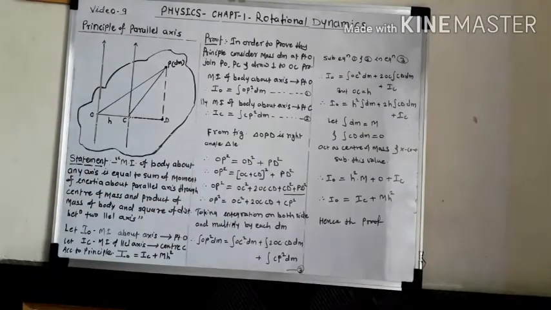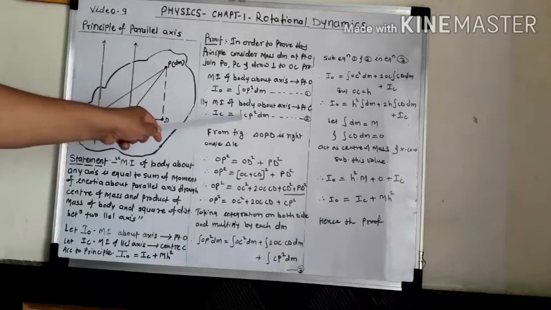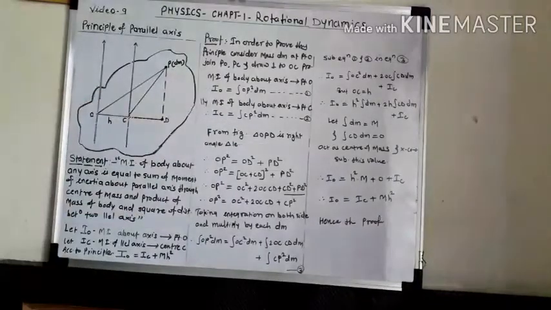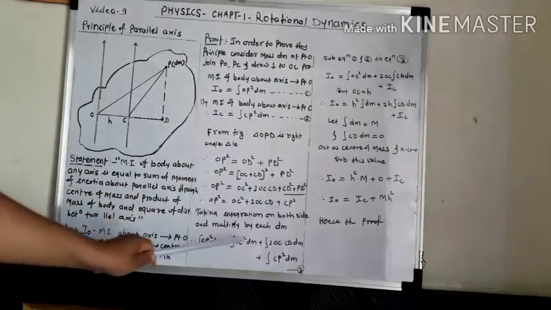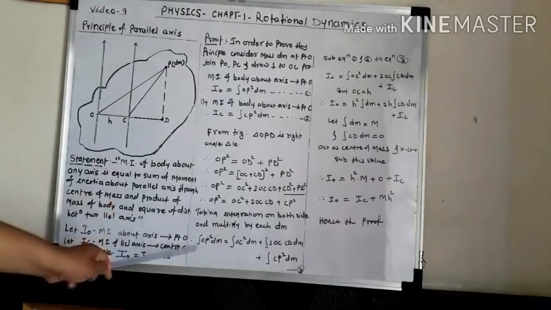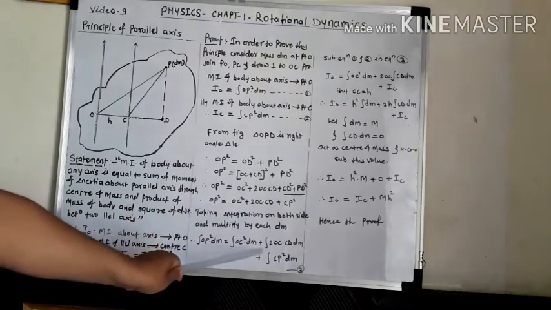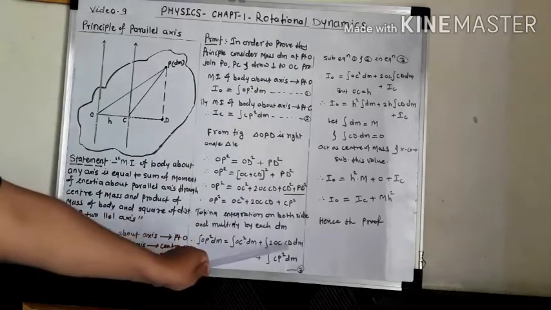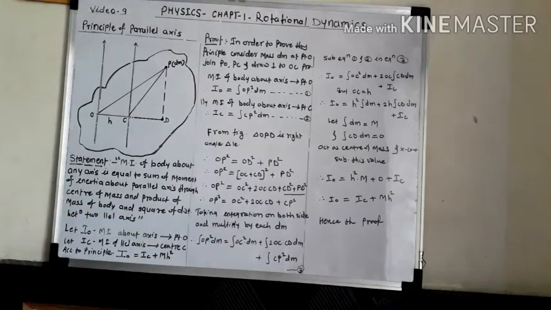Then next step, integrate on both sides and multiply each term by dm, so that we can adjust this equation, taking the integration on both sides and multiplying each term by dm, so that this equation becomes integration of OP square dm is equal to integration of OC square dm plus integration of twice OC CD into dm plus integration of CP square into dm. This is the equation number 3.